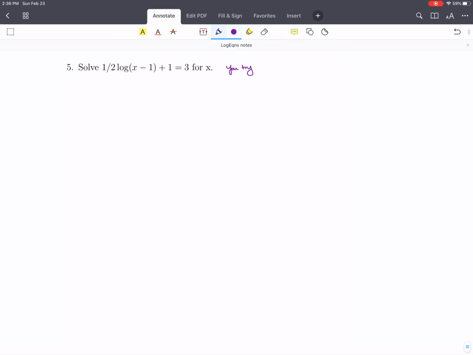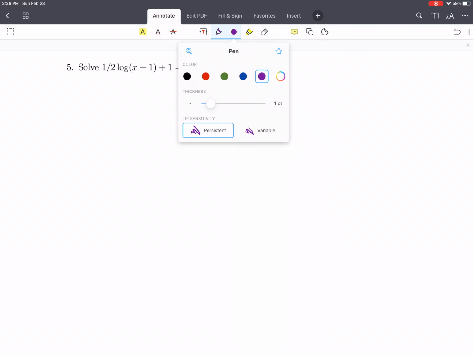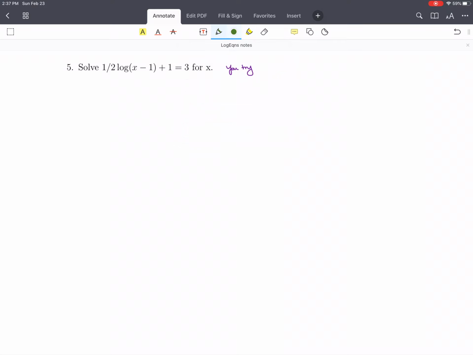So hopefully you paused the video and you tried it, and hopefully your first step was to isolate the logarithm. So if I have 1/2 log of x minus 1 plus 1 equals 3, if I subtract 1 from both sides, I get 1/2 log of x minus 1 is 2. If I multiply both sides by 2, I get log of x minus 1 is 4. This is the common log.